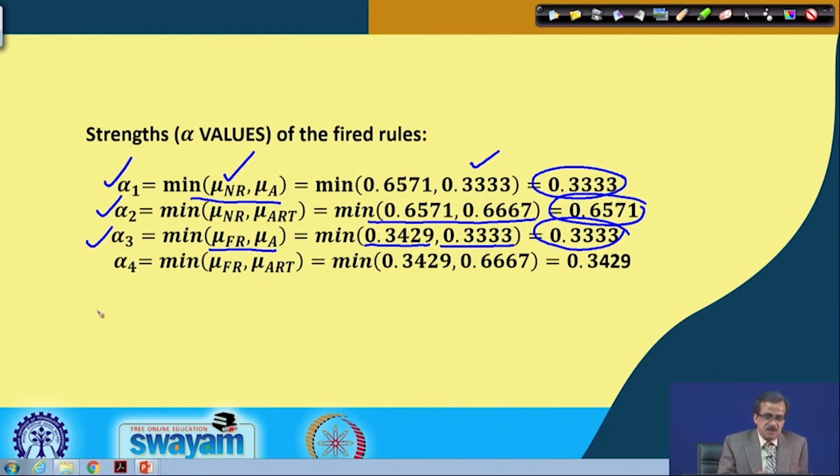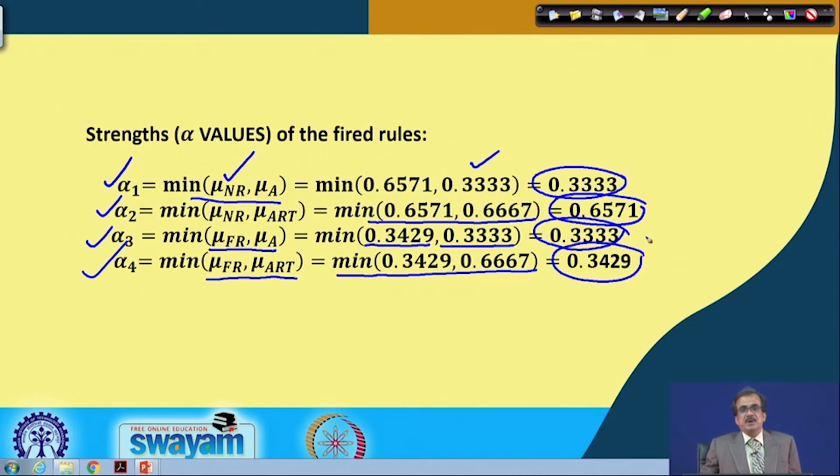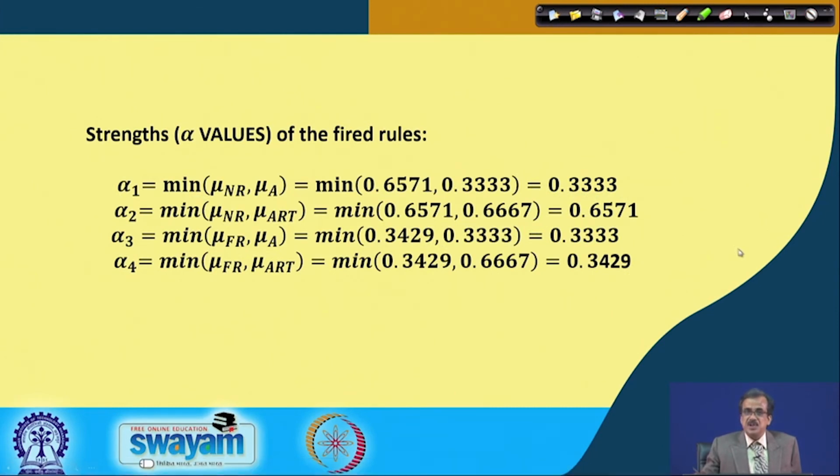Now, we will have to concentrate on the firing strength of the fourth rule, alpha 4, which is the minimum between mu FR and mu ART, that is the minimum between 0.3429 and 0.6667, and the answer is 0.3429. So, this is the way we can determine the firing strength of each of these rules.